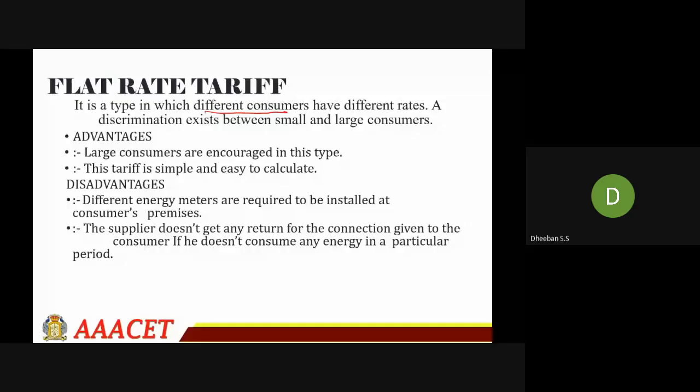Next coming to the flat rate tariff, it is a type of tariff which is different for different consumers. Mainly, as I said, for household consumers it will be of one particular value, and for industrial consumers it will be of another value. Similarly, each will have a particular rate.